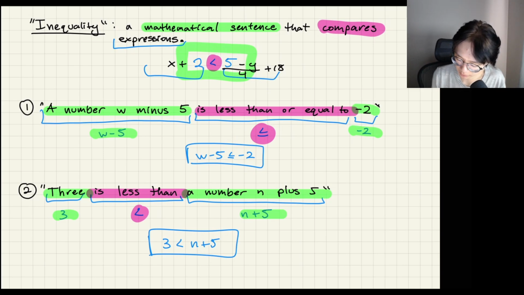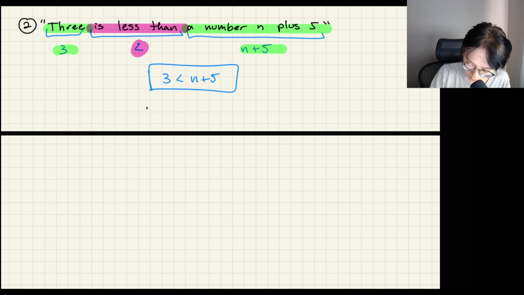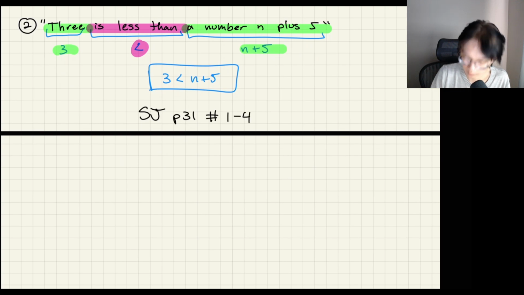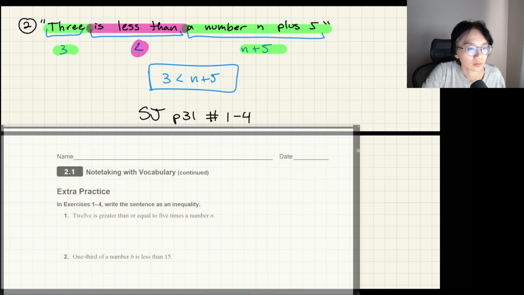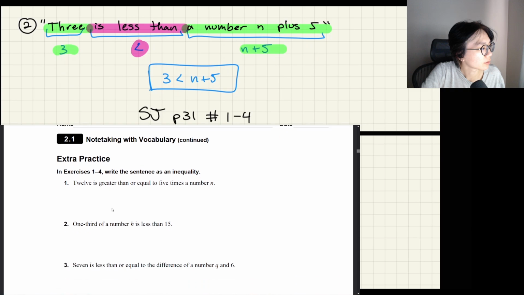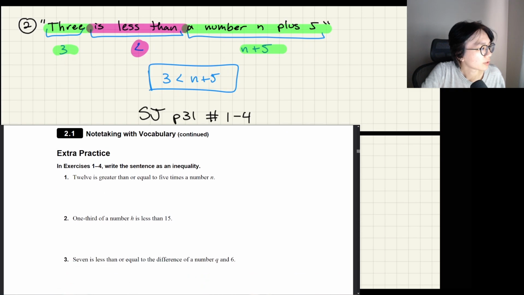And if you're in my class, this is the part where I would tell you to do in your student journal. The next page over, do number 1 through 4.